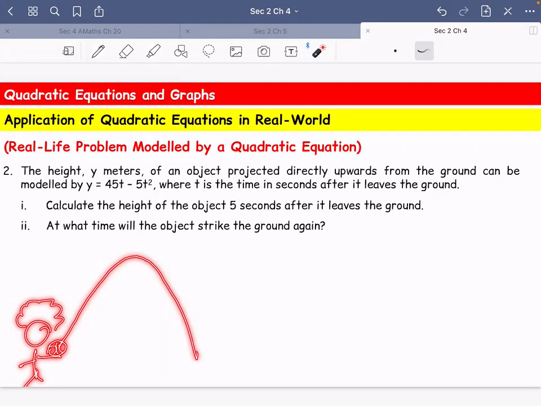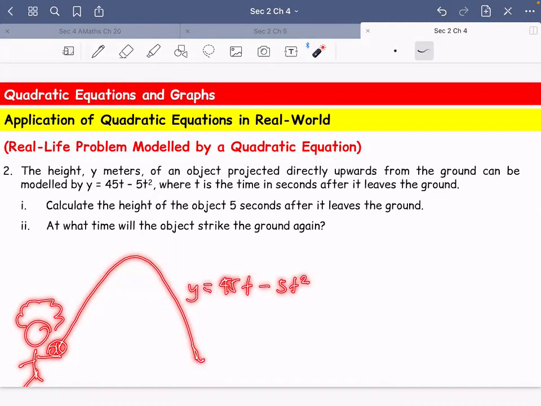Okay. So now this curve here is modeled by a certain equation that's in the problem. So y is equal to 45t minus 5t squared. So that is the equation of this curve right here. All right. So y is the height in meters, and t is the time.